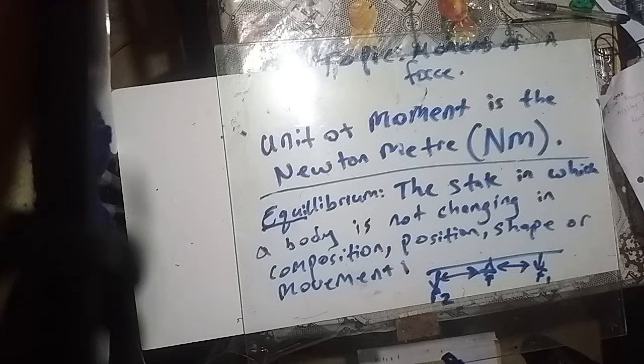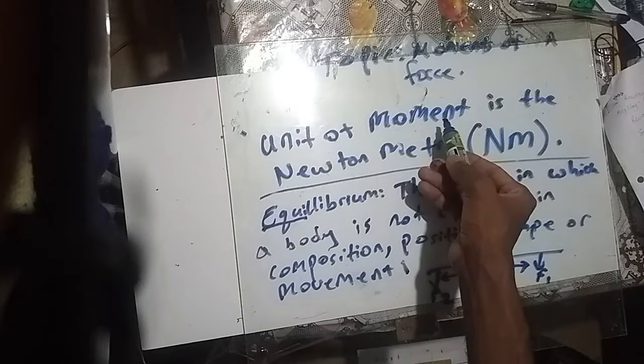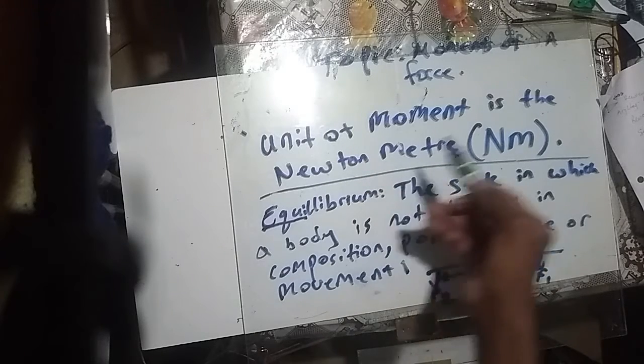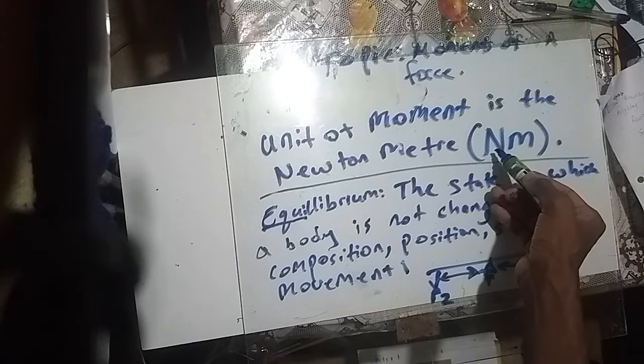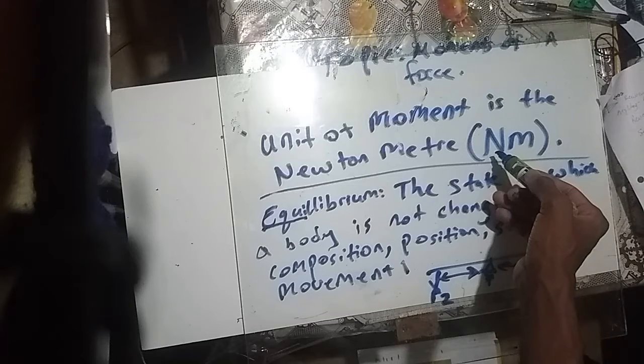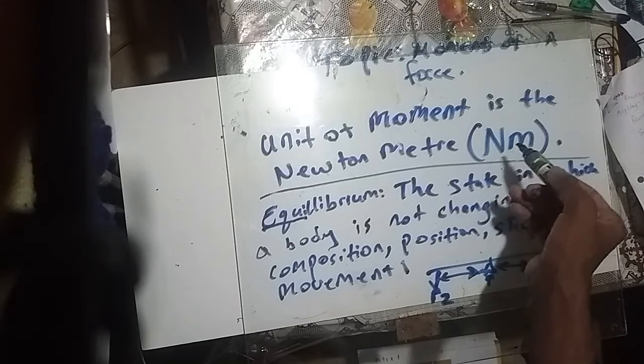To understand more about moments, you must understand the unit of moments. The unit of moment is called the Newton meter, which has the symbol capital N and beside it, M. The N refers to the Newton and the M refers to the meter.